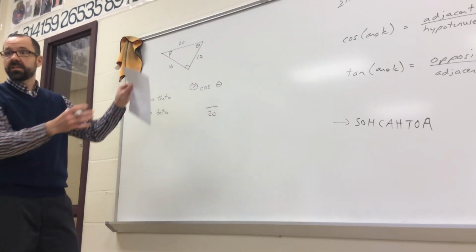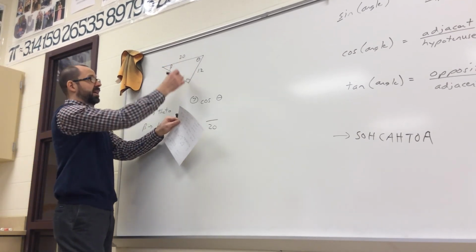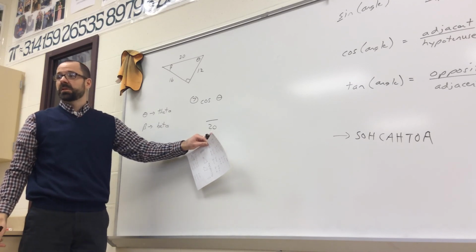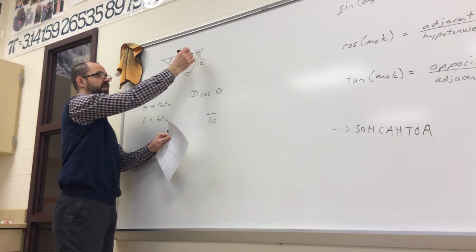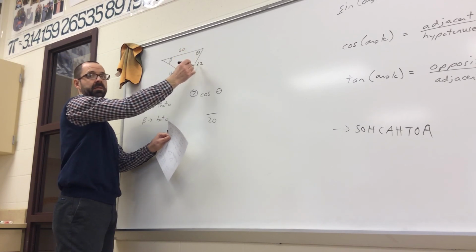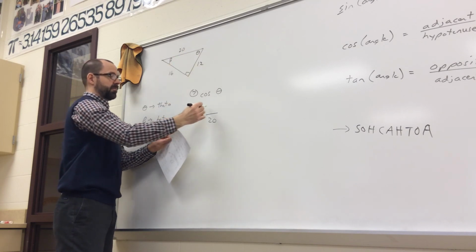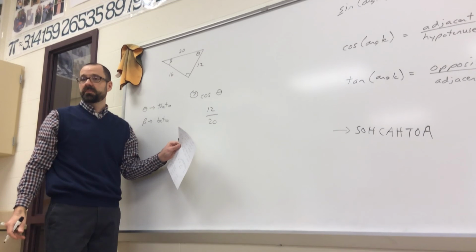I turned it, right? But 20 is across from 90, so that's why 20 is the hypotenuse. Okay, then we're focusing on theta. Adjacent to that is 12, because it's next to the theta. So the cosine of theta is 12 over 20.